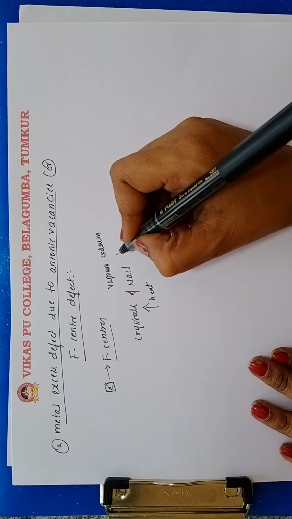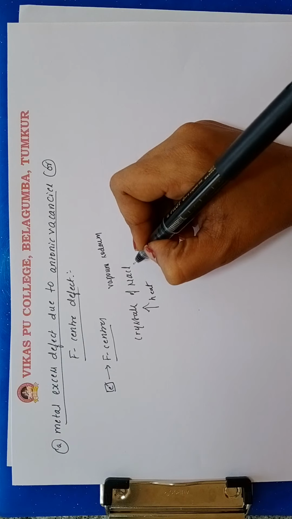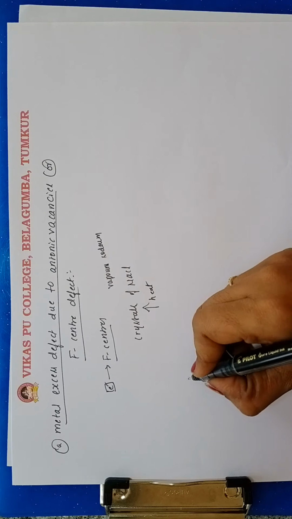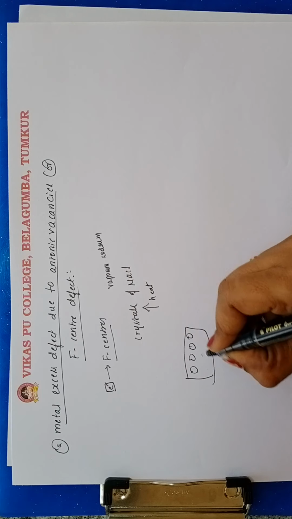the Cl minus ion of the crystal lattice leaves, leaving an electron at the lattice point.